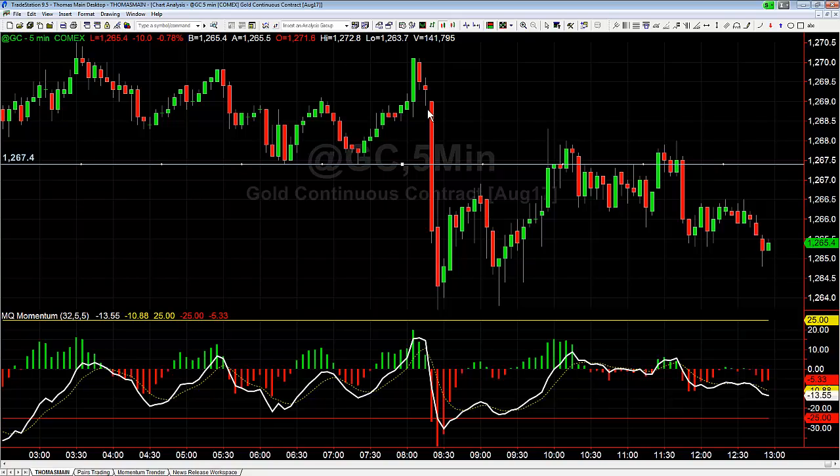It had happened after the ADP report this morning, but this is a good, well-defined support level because we have pivot low 1, pivot low 2. Both of them bounced off of the exact same price point, so we know that 1267.4 is a price point that the market's respecting and bouncing off of.